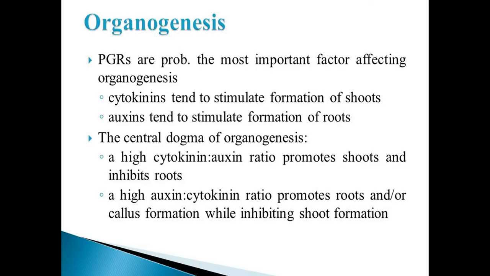Okay, one of the most important factors affecting organogenesis is that cytokinin tends to stimulate the formation of shoots and auxin tends to stimulate the formation of roots. We know it earlier also, we studied earlier.